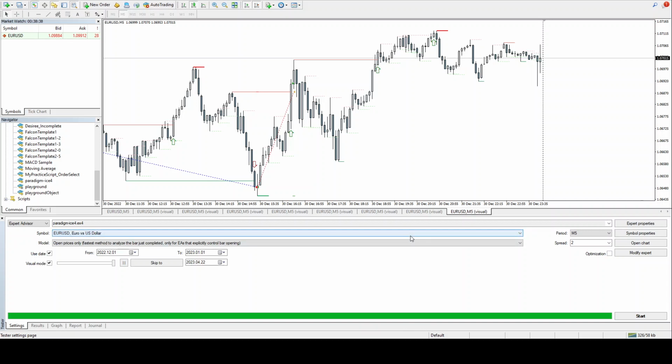Okay, this is without pyramiding. So I'm going to set this to 2023 January 1st, and I'll set this to 1st of February. So from 1st of January to 1st of February, let's see the result first without the Q zone filter.